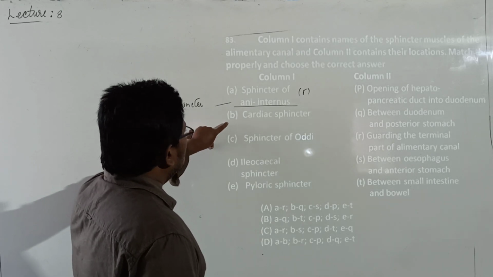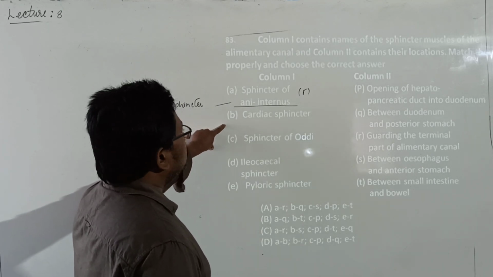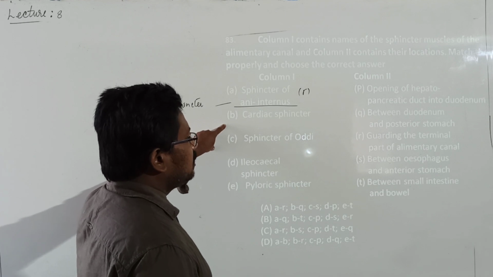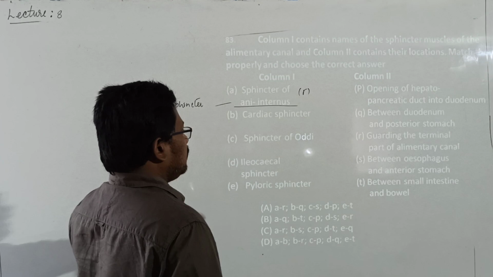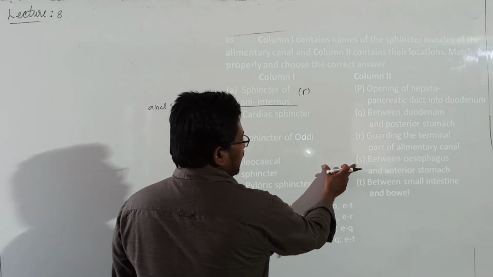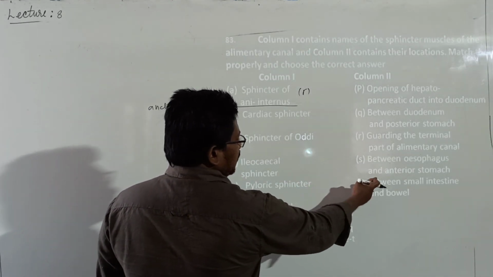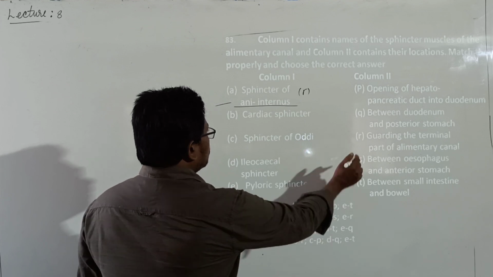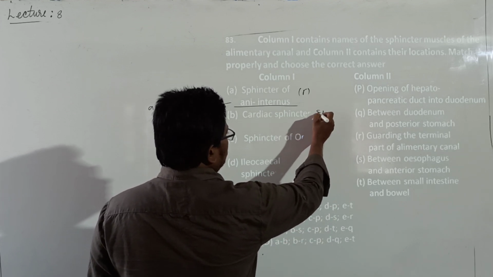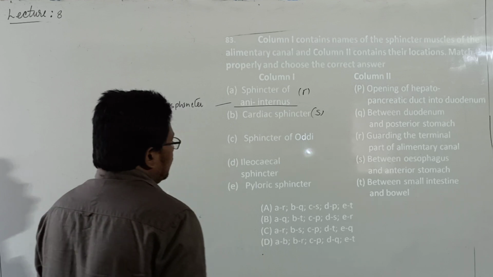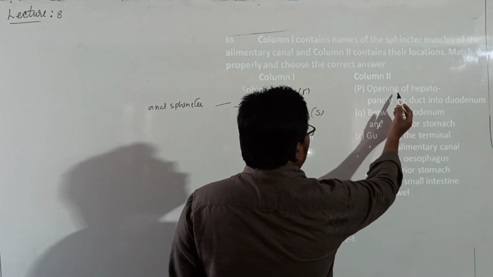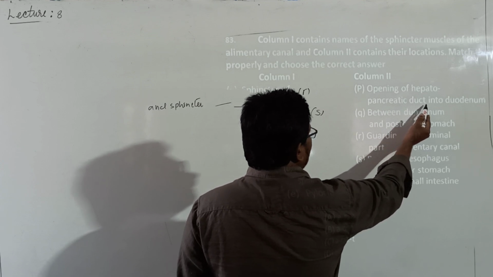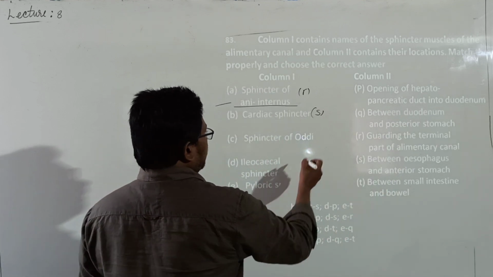The next one, the cardiac sphincter. The cardiac sphincter is present between the esophagus and the anterior stomach, so you have to take it as S. Then the sphincter of Oddi is present at the opening of the hepatopancreatic duct into the duodenum.